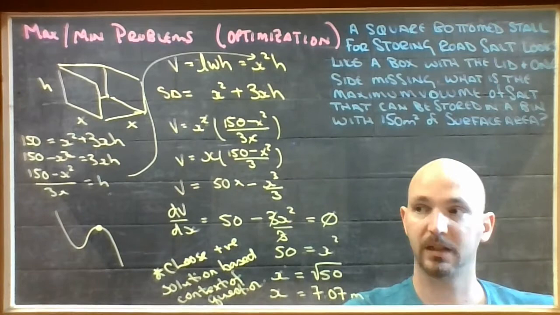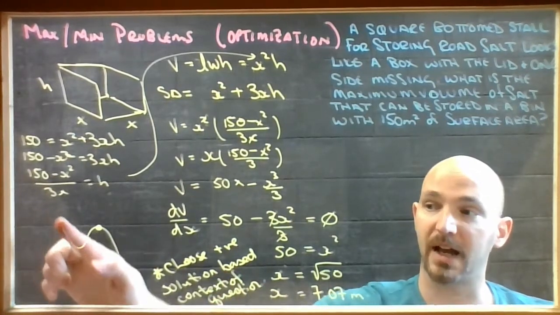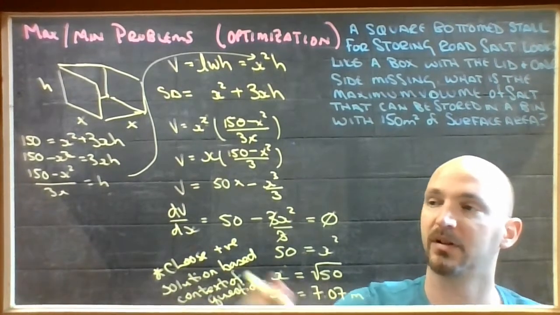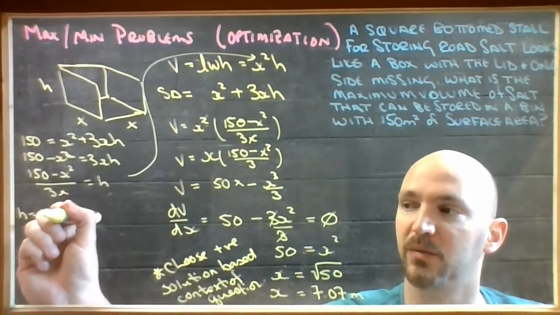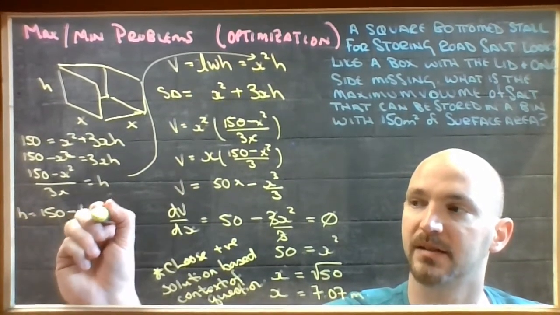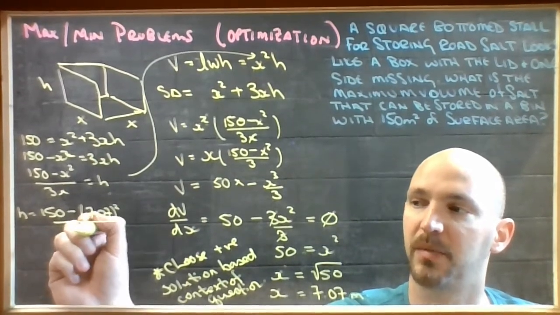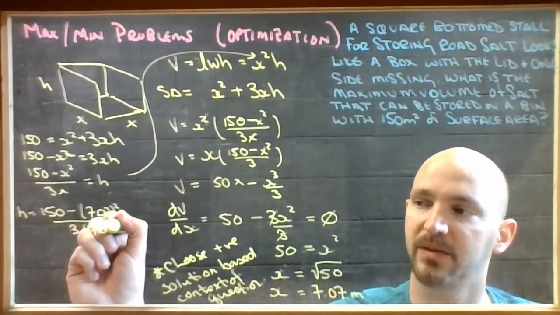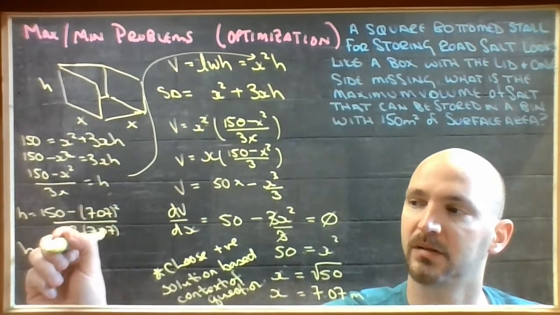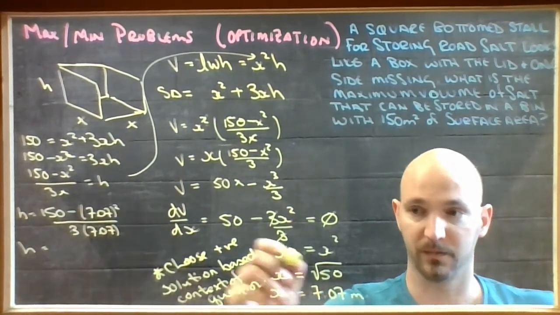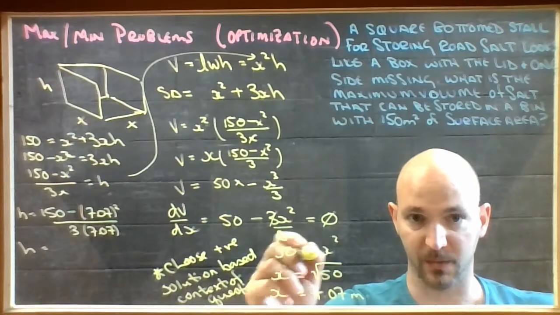Okay. Lovely. So if I've got a value for x, I should get a value for h. h would be 150 minus 7.07 squared, divided by 3 times 7.07. This number squared is 50.